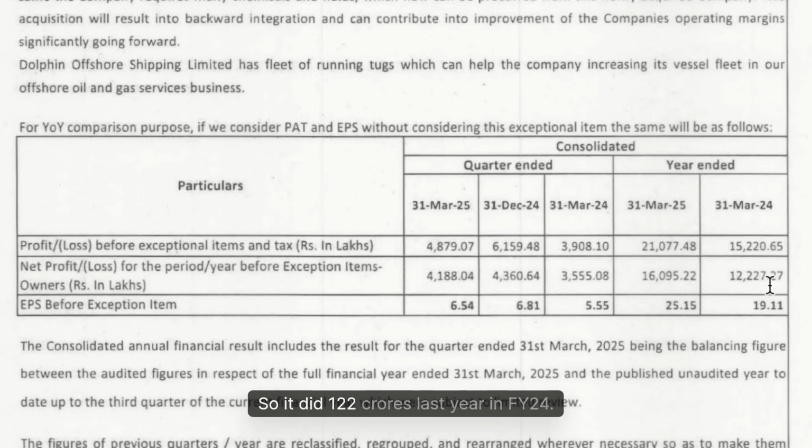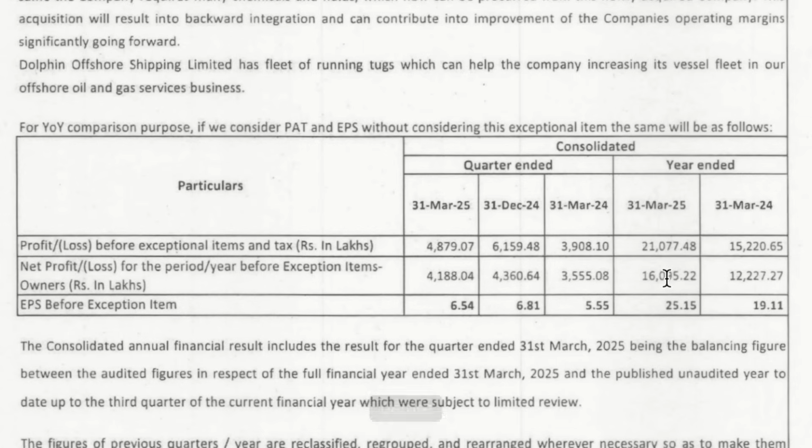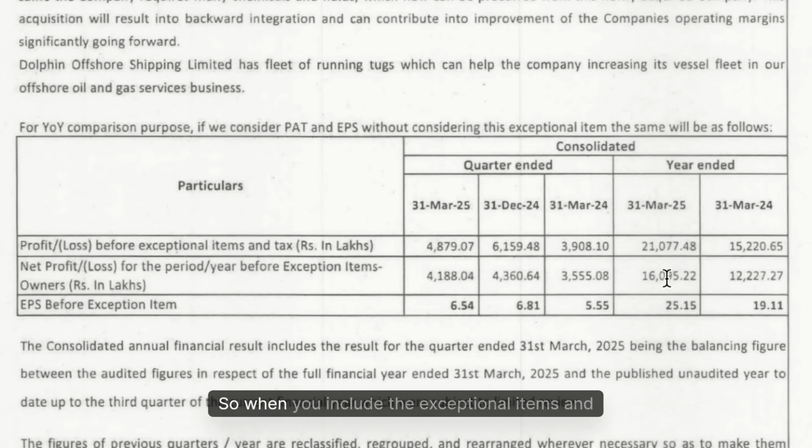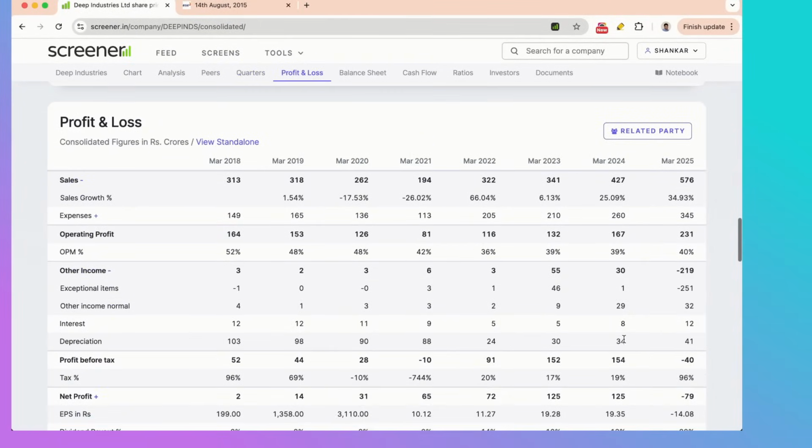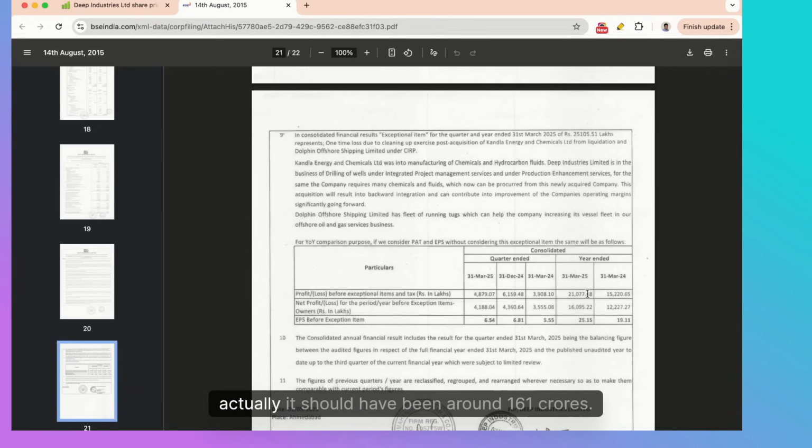So it did 122 crores last year in FY24, and in FY25 it comes to 161 crores before exceptional items. So when you include the exceptional items, it's minus 79 crores, but actually it should have been around 161 crores.